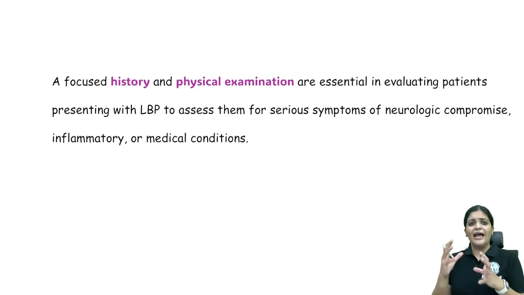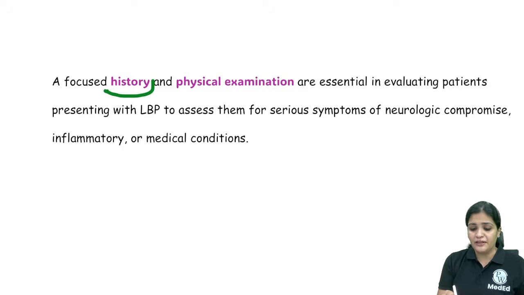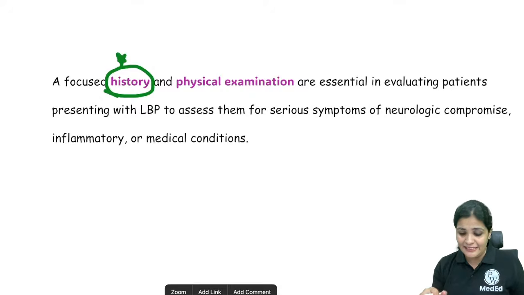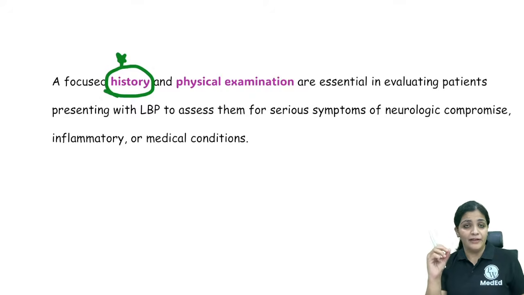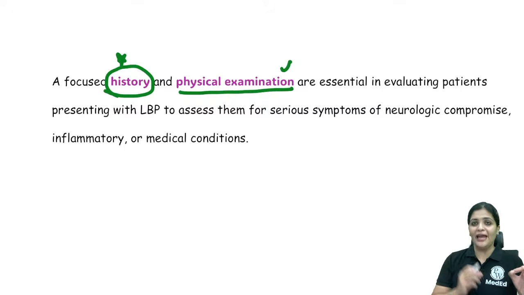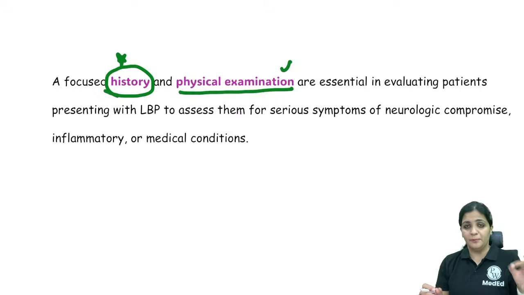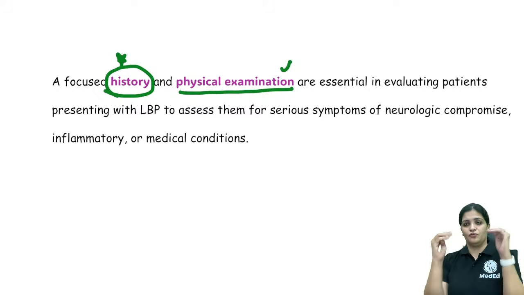Okay, so what actually helps you to serve the patients better? One is the history taking. This plays a very, very important role, for which we have taken this series to make you understand how important history taking is, as well as physical examination, which both go hand in hand. So history and physical examination are very, very important in evaluating the patient with low back pain, because you have to understand what is actually the cause of the low back pain.